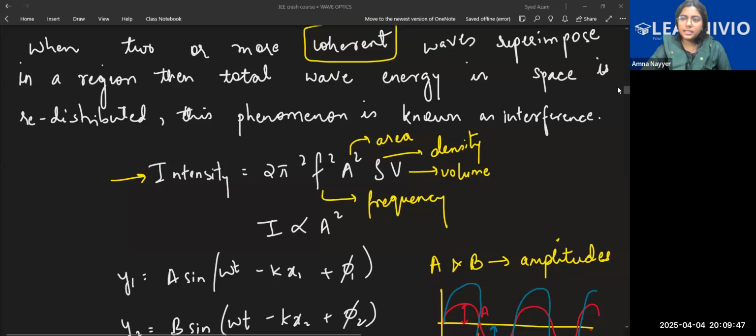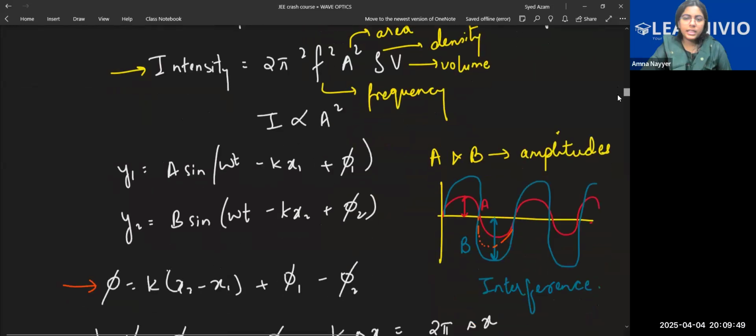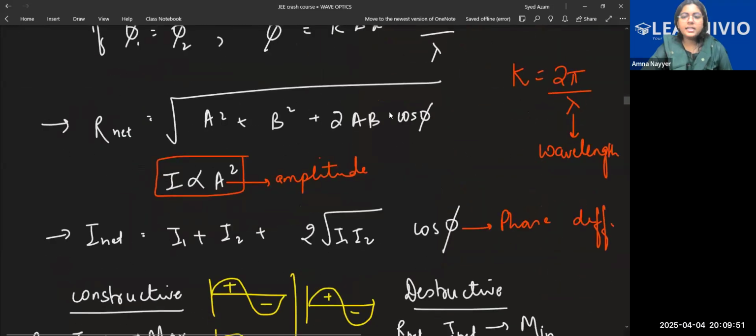Rest, I think you will need the intensities formula. Just write down this amplitude and this intensity is resultant. This will be needed. Write down these two. Done.